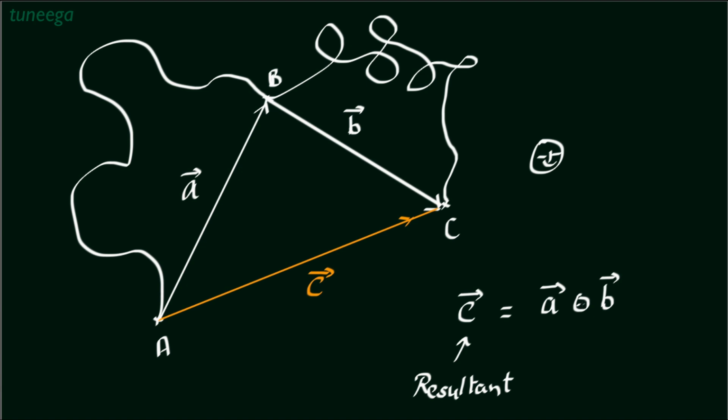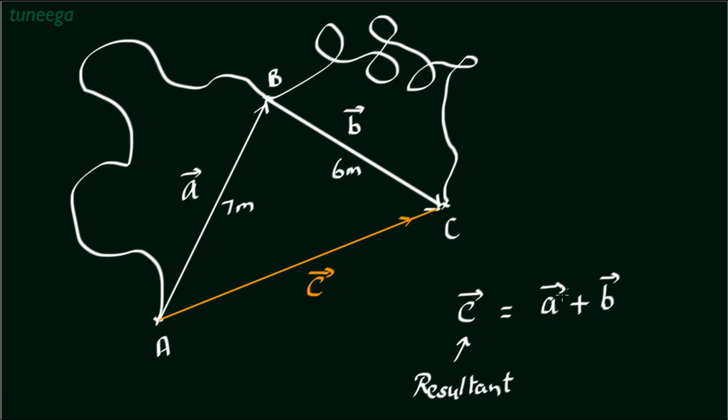But our ancestors, that is the engineers and the scientists who did this first, they chose the symbol plus. So in the context of vectors, plus does not represent our ordinary addition. A might, for example, be 7 meters long in that direction and B might be 6 meters long in this direction.